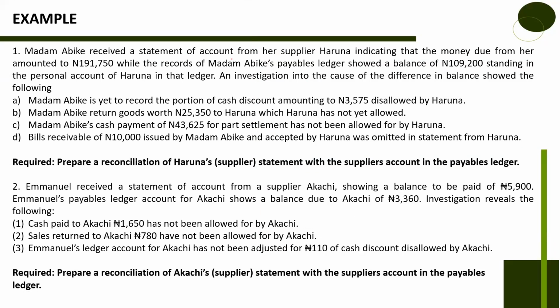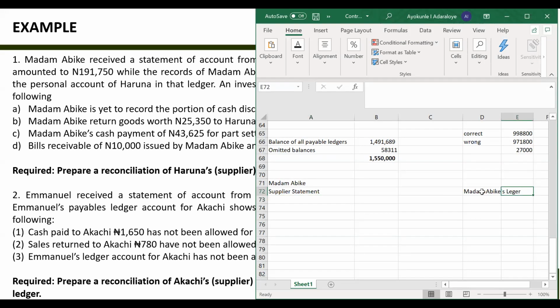Madam Abike received a statement of account from her supplier, Aruna, indicating that the money due from her amounted to 171,750. Does this amount go to Madam Abike's statement or Madam Abike's ledger? It will be in the supplier statement.